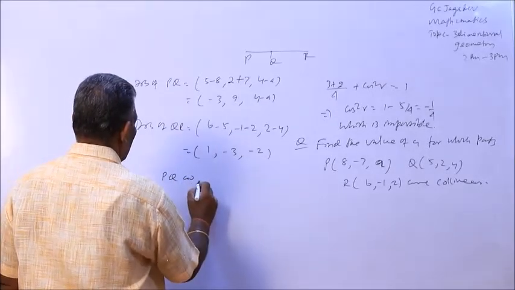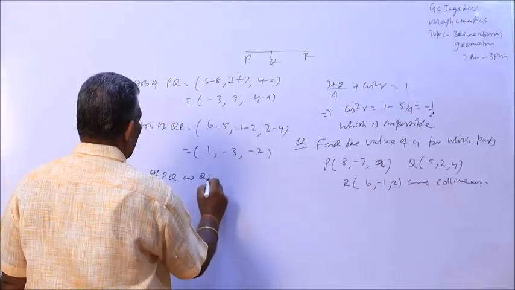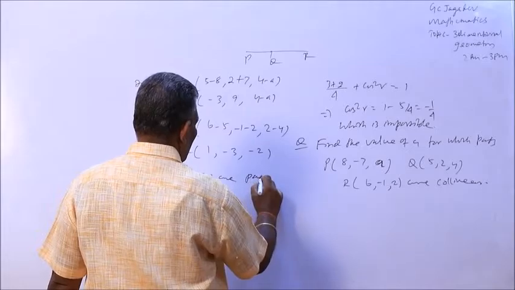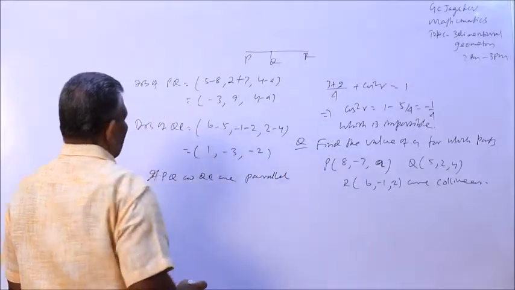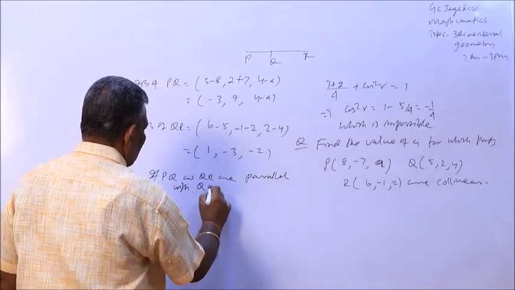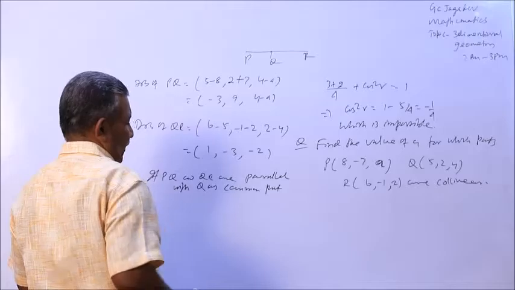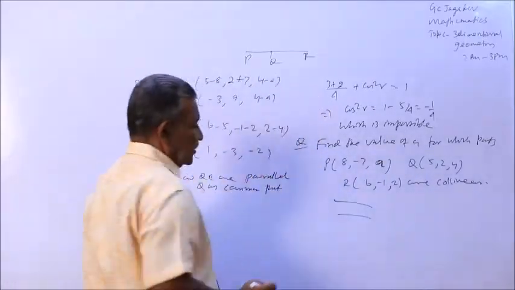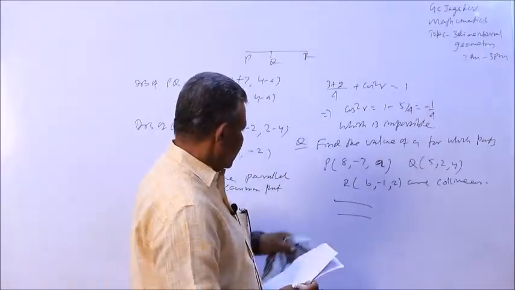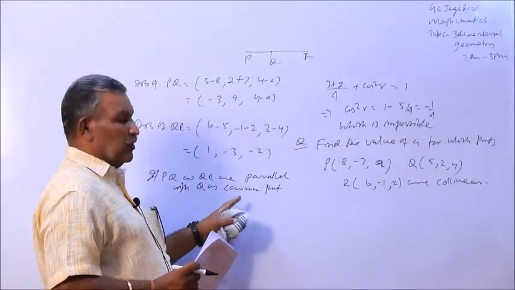If PQ and QR are parallel with Q as the common point... You know that two parallel lines can never meet. They meet only when the points are collinear. So, therefore, I have mentioned that PQ and QR are parallel with Q as the common point.